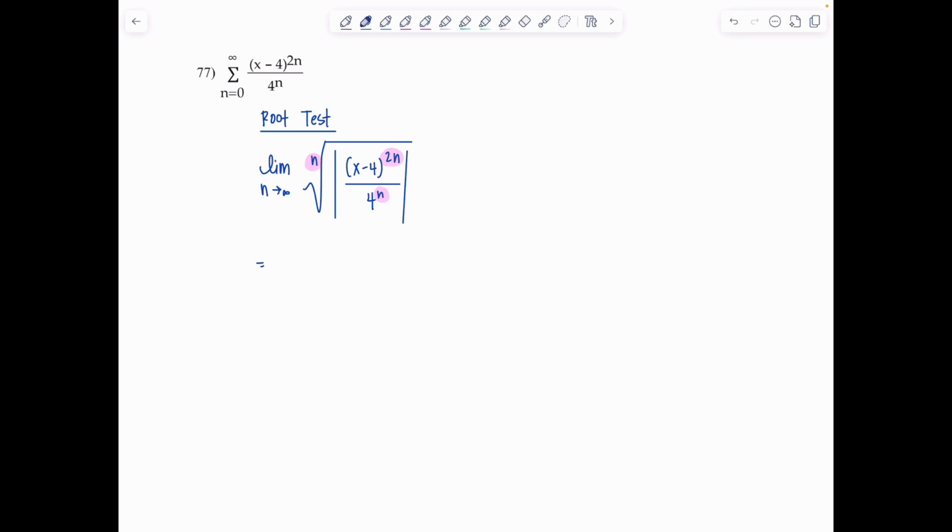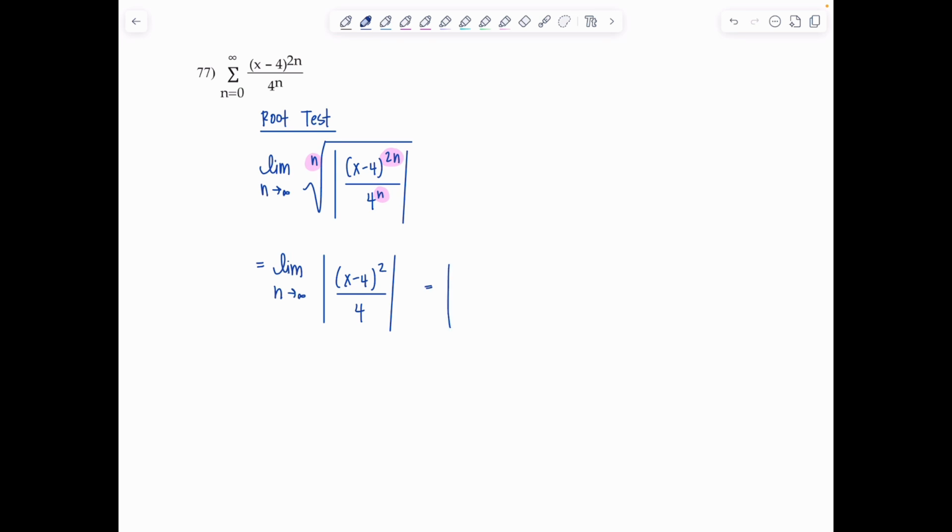So we've got limit, n goes to infinity, absolute value, x minus 4. If I divide 2n by n, it's just 2. And then this becomes 4. There's no n's, right? So the limit's done. I just have absolute value, x minus 4 squared over 4.